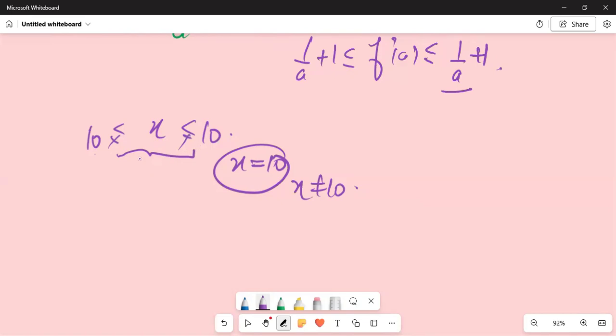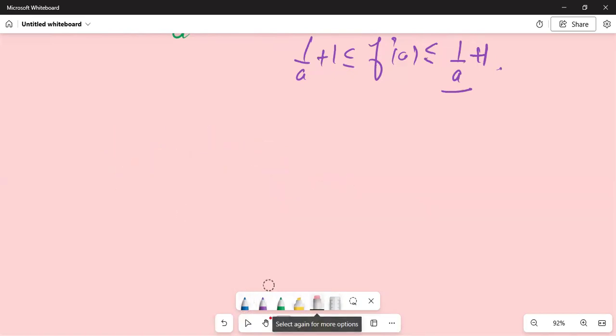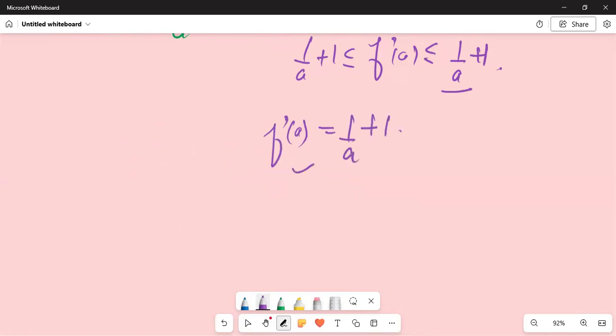That is not possible. So it is only going to hold when x is equal to 10. That means your f prime a is equal to 1 by a plus 1. So this is the derivative of the function f at the point a.